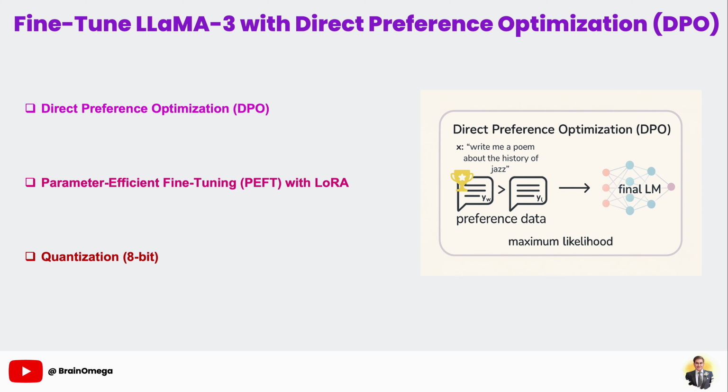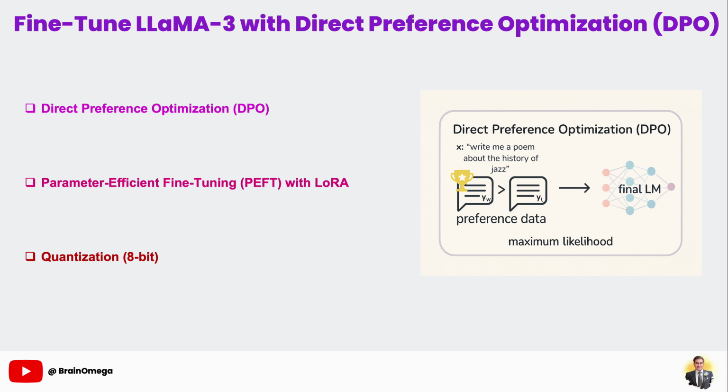Let's get started. Before we jump into the code, let's quickly understand the 3 core technologies that make this project possible. First, direct preference optimization, or DPO. Traditionally, to align a model with human preferences, a complex process called reinforcement learning with human feedback, or RLHF, was used.